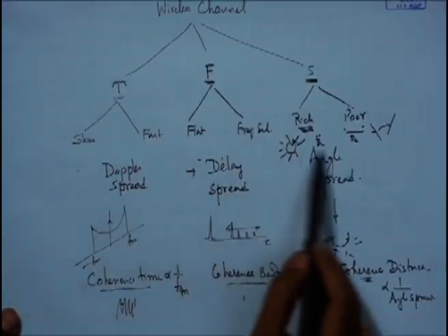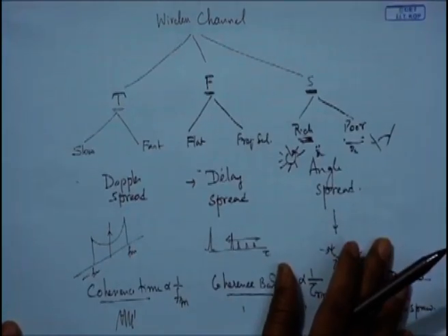So that's how we would define a rich scattering environment and a poor scattering environment, and that would bring us to a kind of description in the time, frequency and space dimension of the wireless channel with which we started quite some time back. So now we move forward and try to look at the SIMO channel.